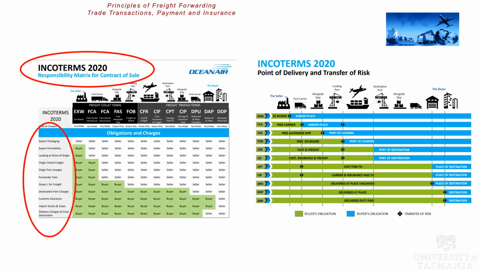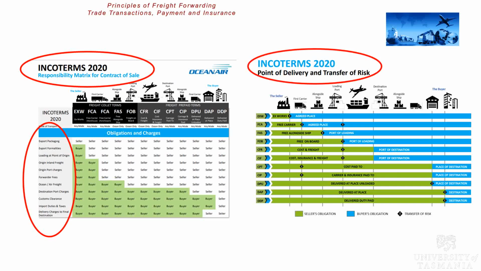So export packaging, loading, forwarder fees, freight, air freight, ocean freight, customs clearance, import duties. For each of the Incoterms, depending on how you're moving the goods, both parties have a level of understanding, almost instantaneously, over what they'll be paying for.